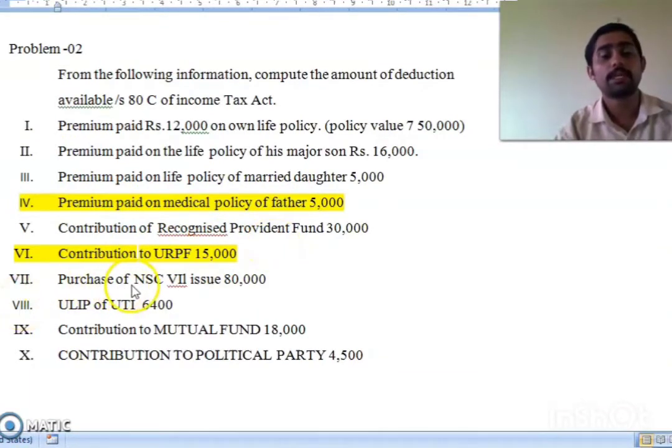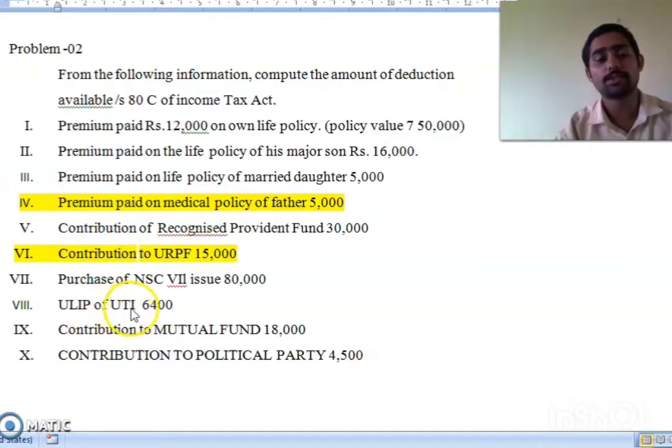Next, purchase of NSC 8th issue. There are many issues under NSC. All NSC issues can be considered. The 8th issue we can consider for deduction purposes. 80,000 is the given amount. We are considering it. Next, ULIP of UTI 6,400, that means unit linked insurance policy of Unit Trust of India.